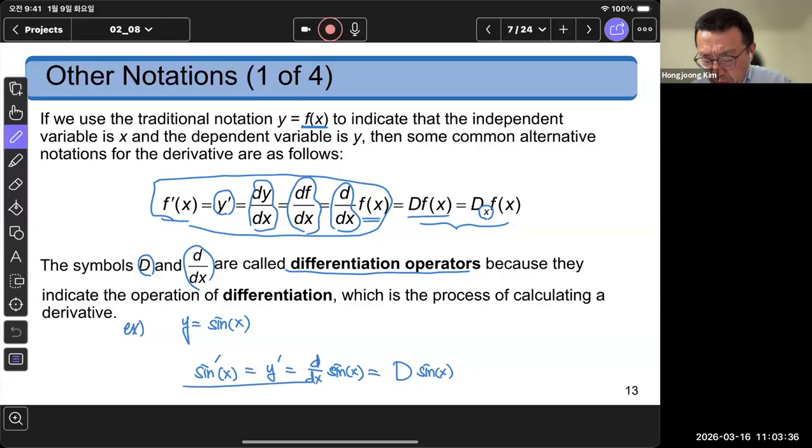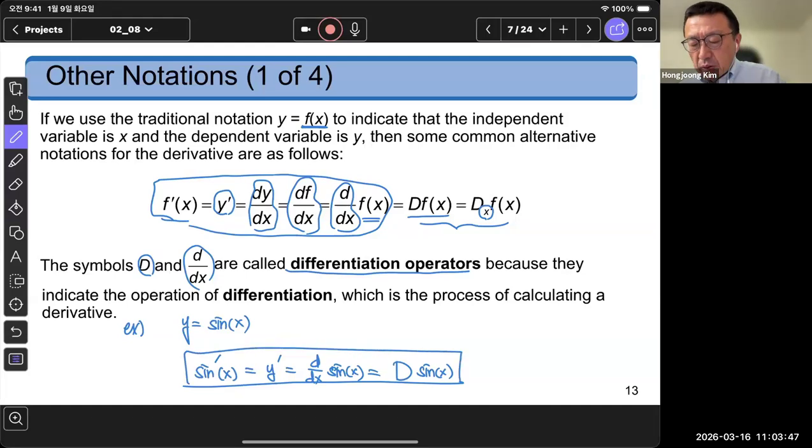So they are representing the differentiation, the derivatives of the sine function. Okay. These are just notations.